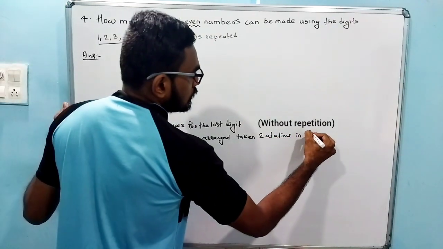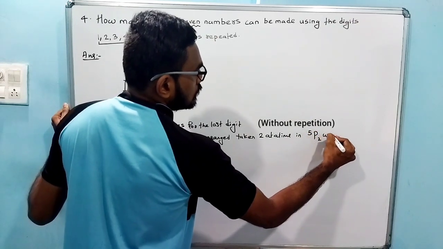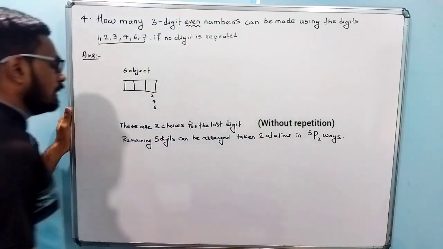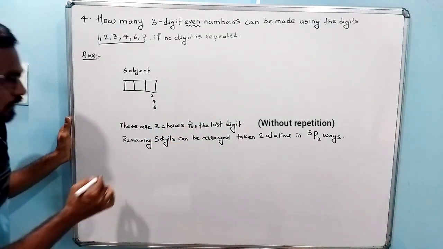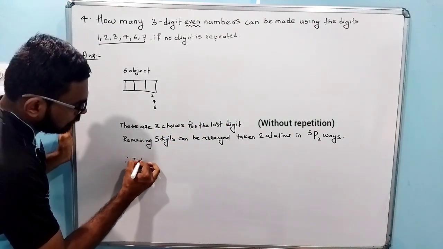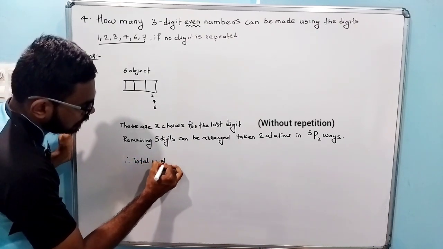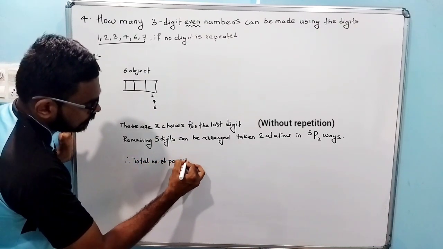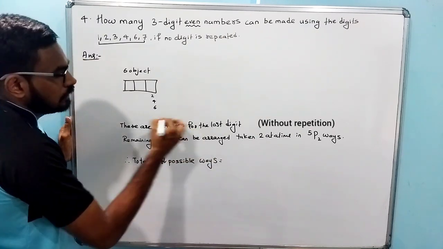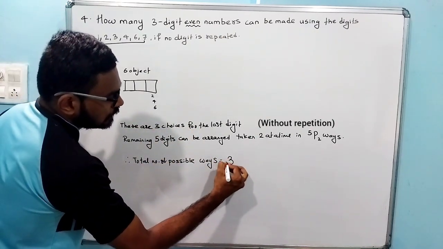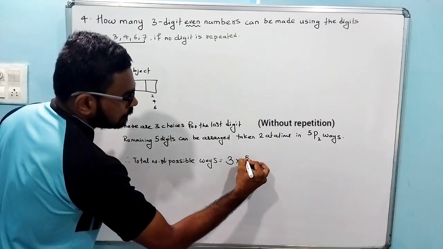In 5P2 ways. Now the remaining 5 digits can be filled in 2 places in 5P2 ways. Therefore, the total number of possible ways is equal to, for the last digit we have 3 choices, 3 into this 5P2.